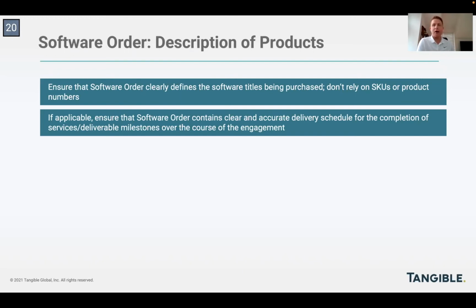You shouldn't rely on any kind of product catalog numbers that relate back to a vendor system or any kind of SKUs that you might see pushed in a vendor generated order form. It's important to focus on the specific software titles that are being covered by a software order form, and make sure that those end up in the order instead of any kind of shorthand that might appear in a vendor quote or an initial draft.